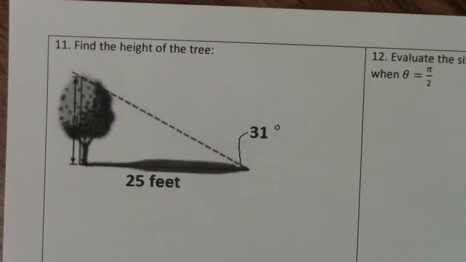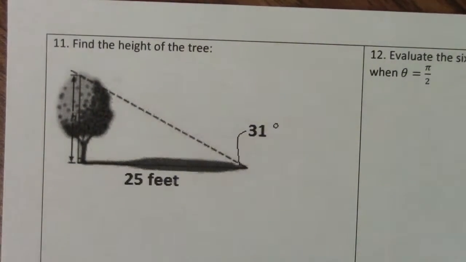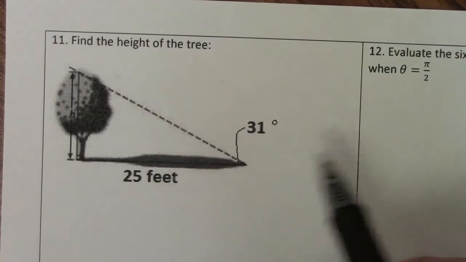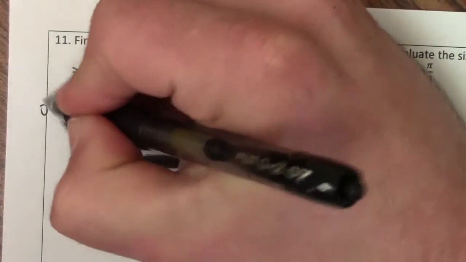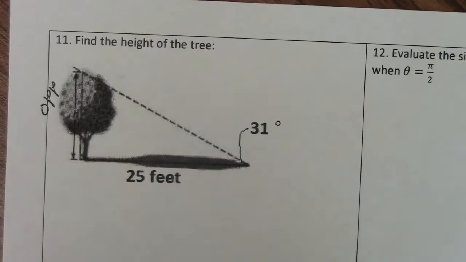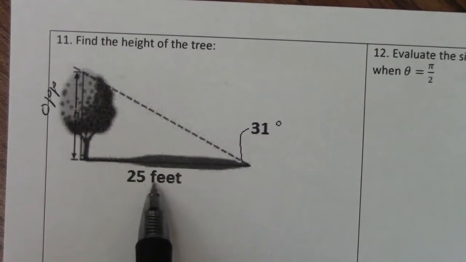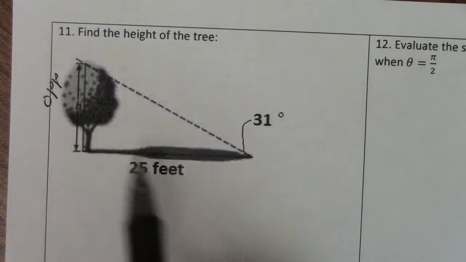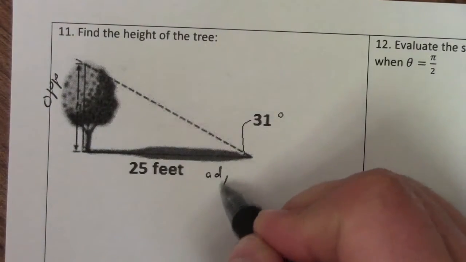On the back, our first problem is to find the height of this tree here. So we have 31 degrees here, and we're interested in the opposite side, the side that's opposite the 31. And we already know the adjacent side is 25. So since we're dealing with opposite and adjacent, we can use tangent.